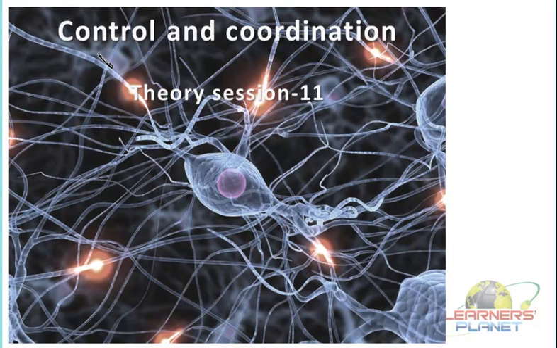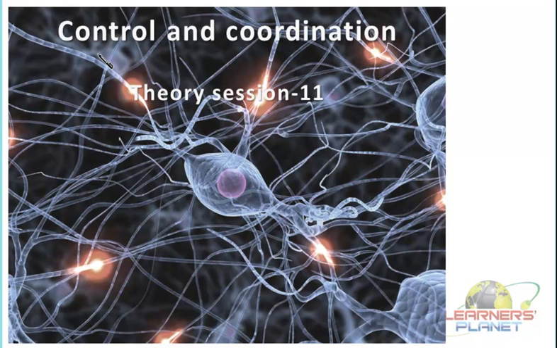So the endocrine system is the one in which the secretion is a hormone, and this hormone is transported to the target site through the blood. This is the specific feature of the endocrine system.